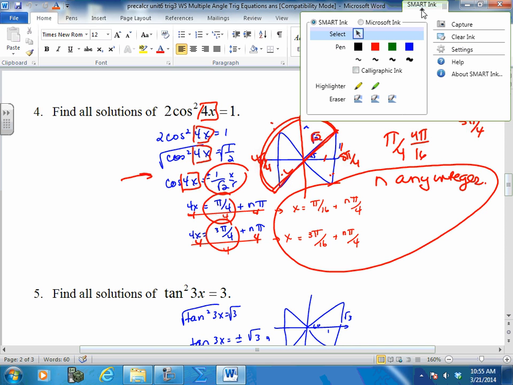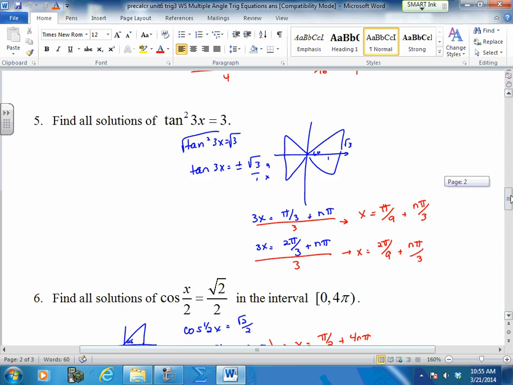All right. This next one, I also asked you just all solutions. So again, treat 3x as one angle. Locate this guy. This again was your special triangle. You recognize your sides. It was a 60-degree reference angle. So this guy is pi over 3, and it'll shoot across to that one.